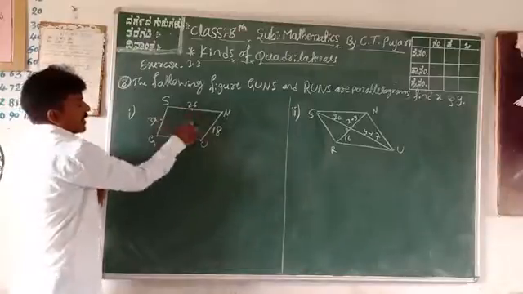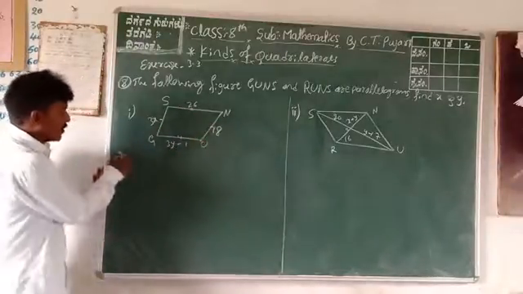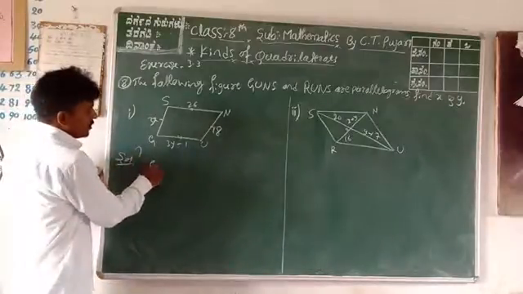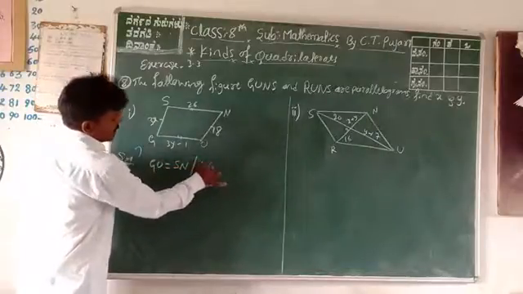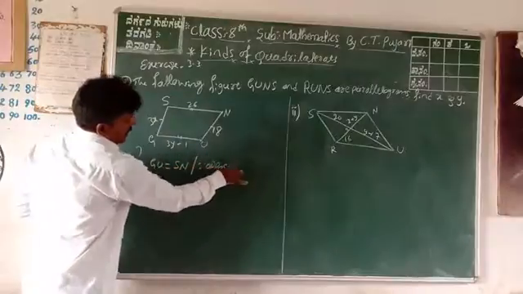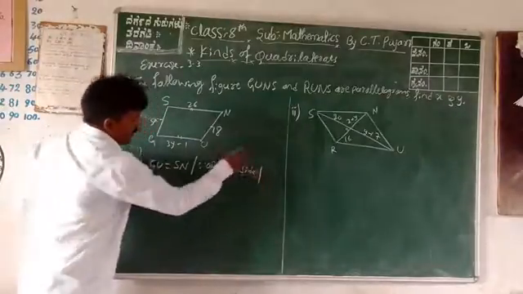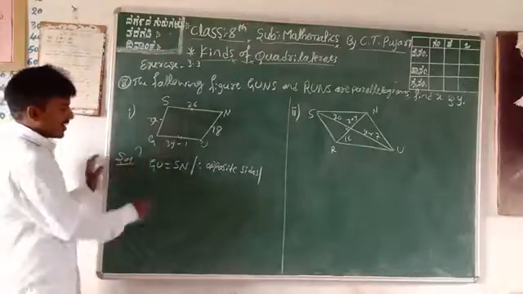You know the characteristics of a parallelogram: opposite sides are equal. You can find out the x and y value. Solution. Therefore, opposite sides GU is equal to SN, because opposite sides are equal. Therefore, GU is equal to 3y minus 1.